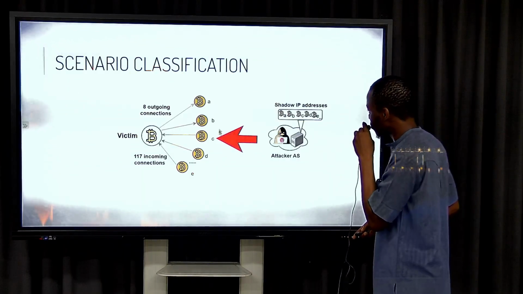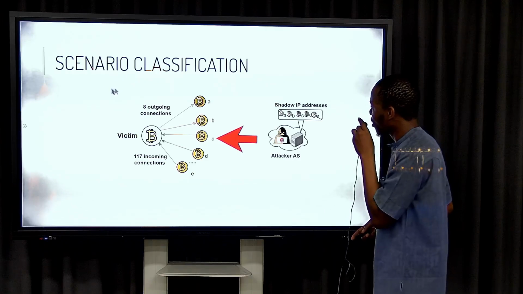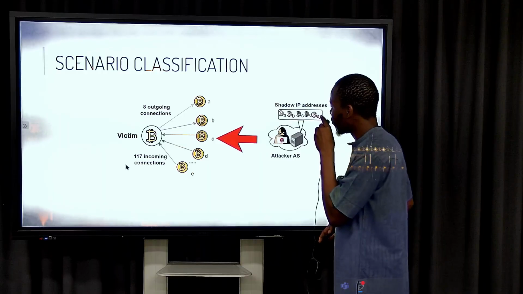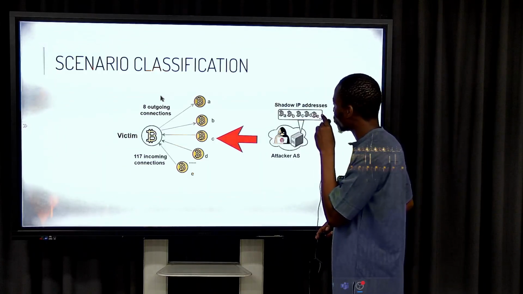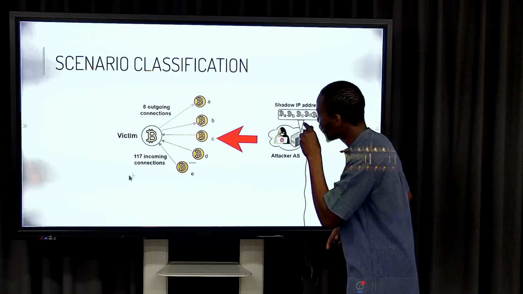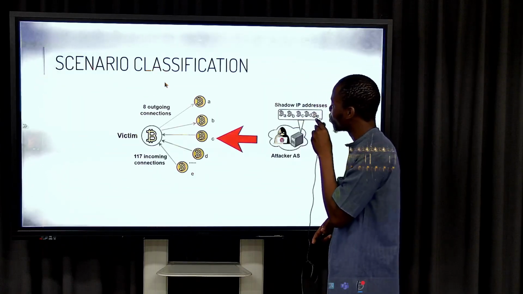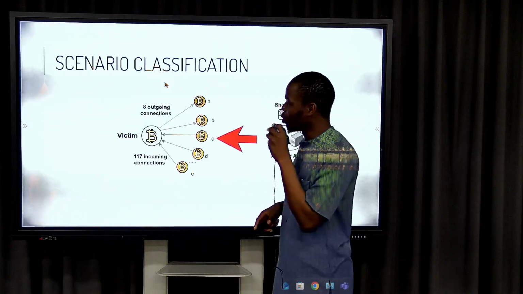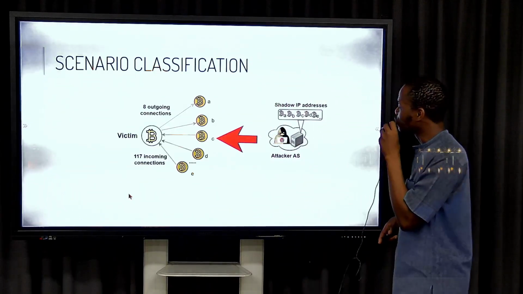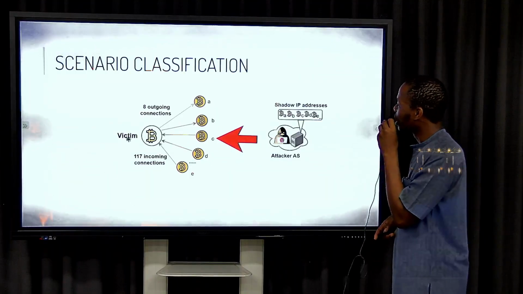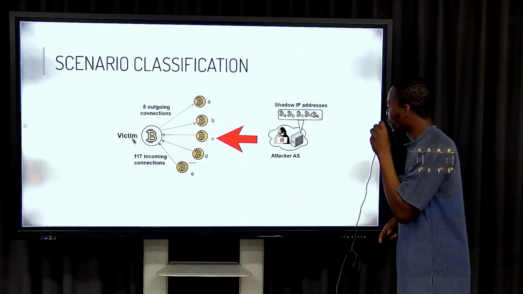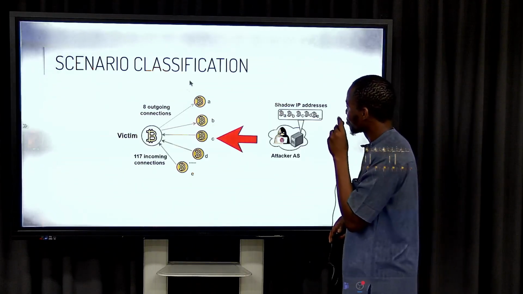If you look at this scenario, in a particular node, we have the opportunity of 117 incoming connections and 8 outgoing connections. If you add 117 plus 8, that will be 125. So the maximum number of connections is 125 incoming and 3 outgoing, so 0 to 125, that's like 126.